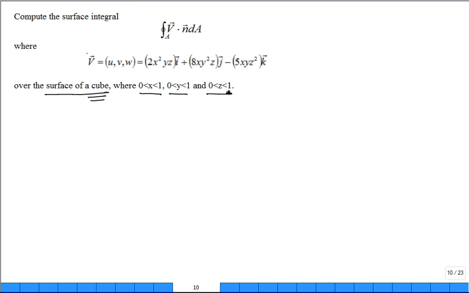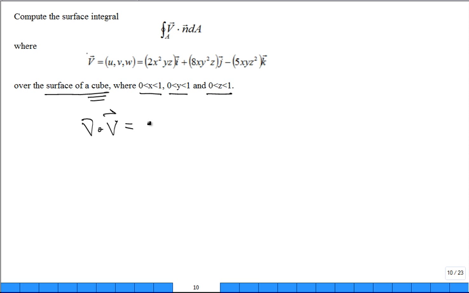Maybe I'll use the divergence theorem, compute the divergence of V, and find out what that is. So let me pause and let you compute the divergence of this vector field, and then see if you agree with me, okay? So you do that right away, and then compute the integral over the surface of a cube.